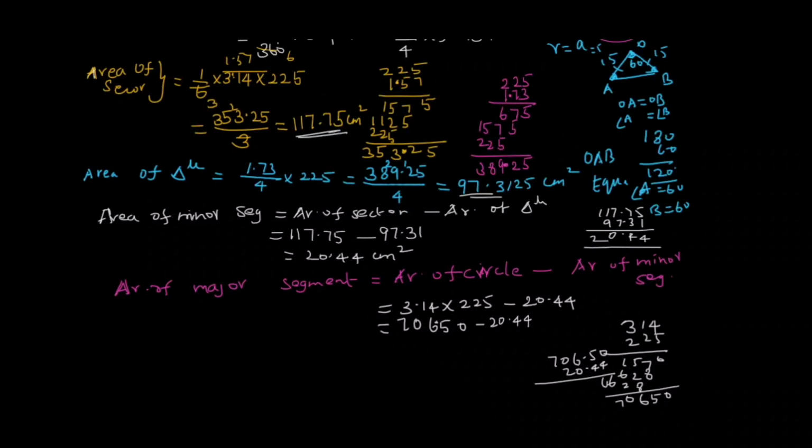Subtract this, 686.66 centimeters square. This is area of major segment. Subtract area of minor segment from circle's area, you will be getting the answer.